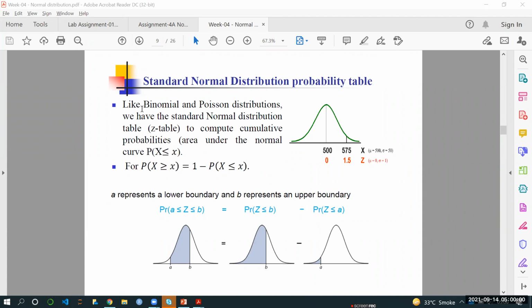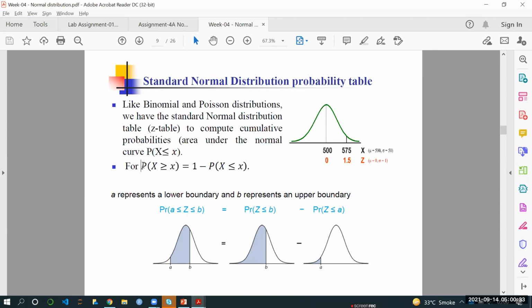Like we did for the binomial and Poisson distributions, we have a table for calculating probabilities from the standard normal distribution, called the Z table. If you Google, you will find hundreds of websites showing this table. If you want to find the probability of less than or equal to, you can directly find it from the table. That table is also called the area under the normal curve table.